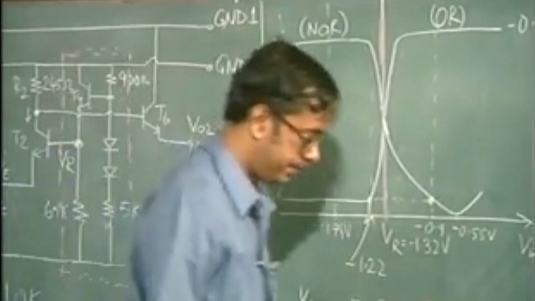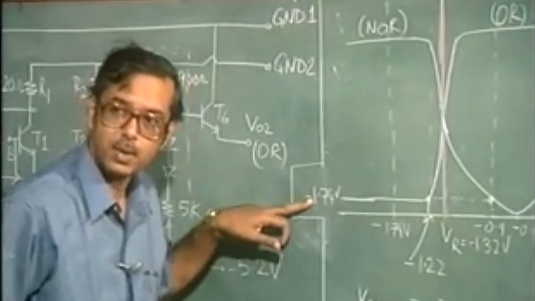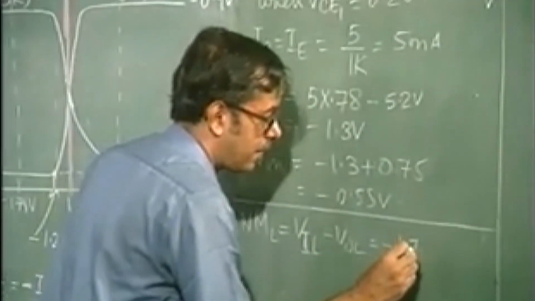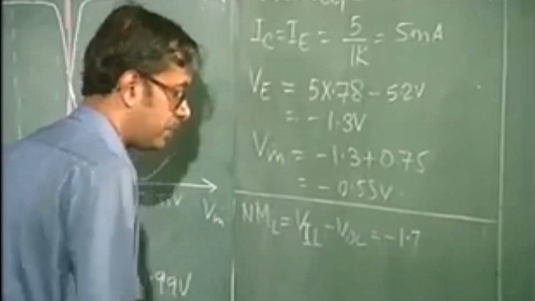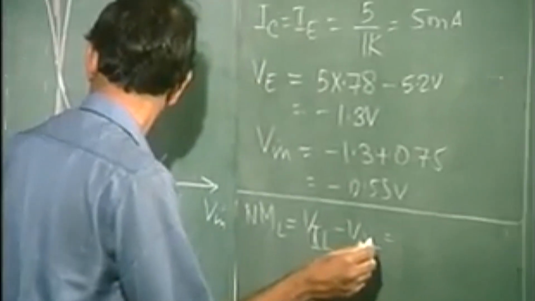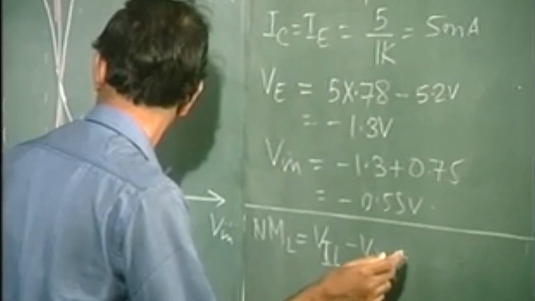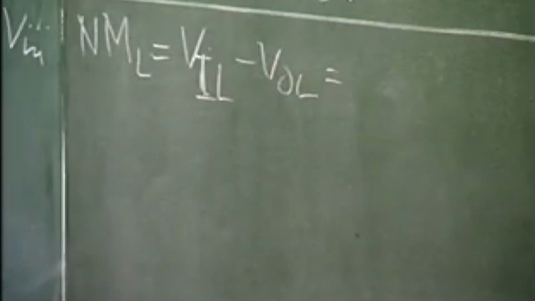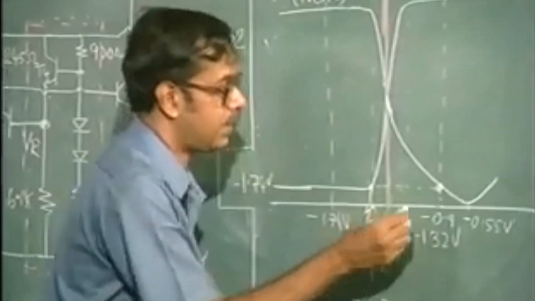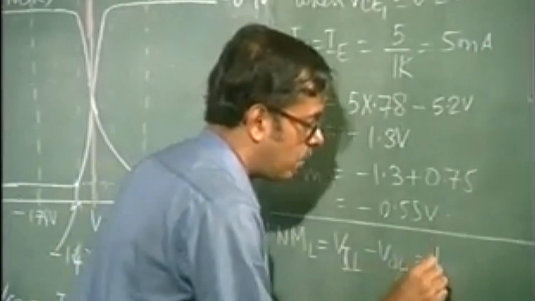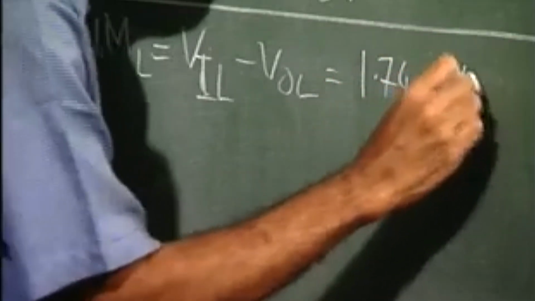And V output low is minus 1.74. Sorry, this is minus 1.42, that other side would be minus 1.22. So, this is going to be 1.74 minus 1.42.